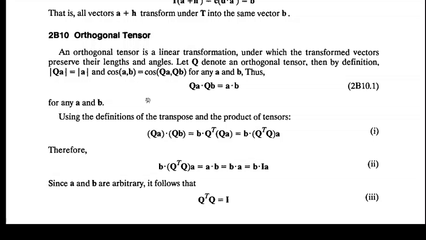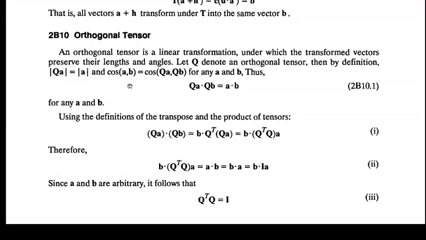And then the second part is the angle. They will preserve the angle, that is, cosine of the angle between A and B will be equal to cosine of the angle between QA and QB. QA is after transformation and QB is also after transformation.